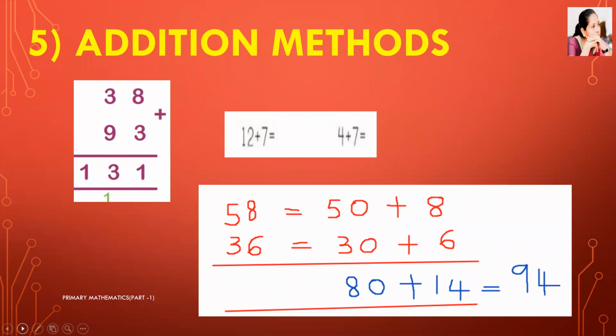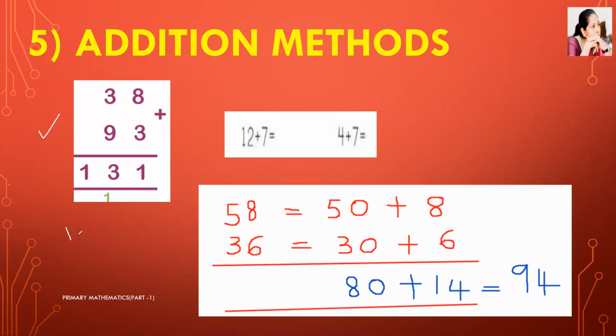Right. The next one. Now you all have addition in primary grade. When we are handling addition, there are three methods we use, right? The first method we call the vertical method or the column method.